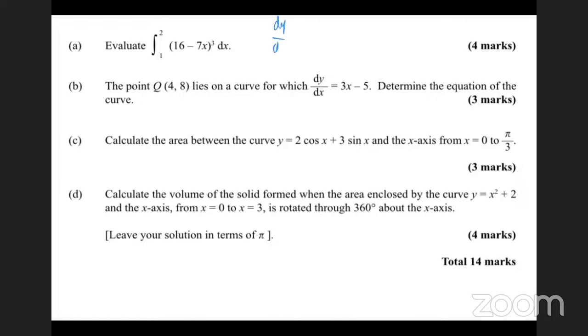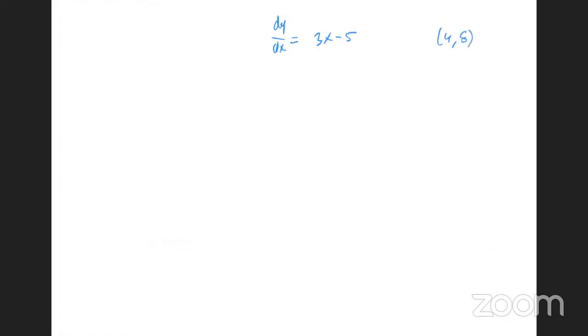Question said that dy/dx is equal to 3x minus 5, and the point they gave you is 4, 8. So therefore, we're going to integrate 3x minus 5 to get y. So y is equal to 3x squared over 2 minus 5x plus c, right? That's not enough. We still need to get c to get the full equation. So when x is 4, y is 8.